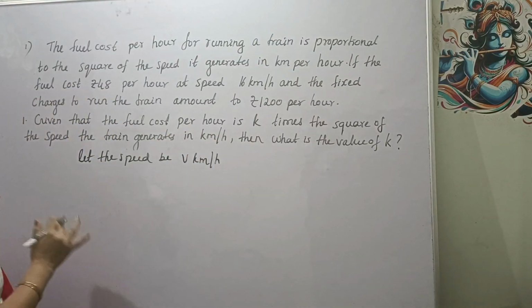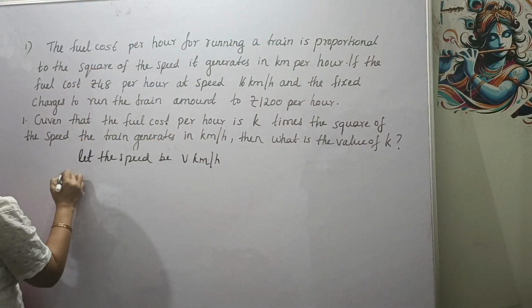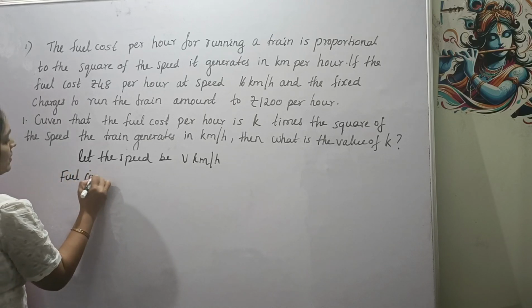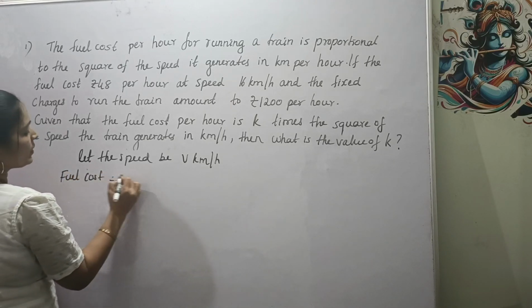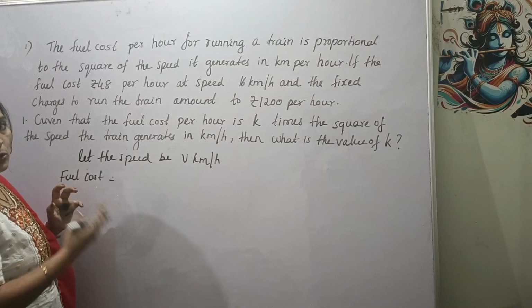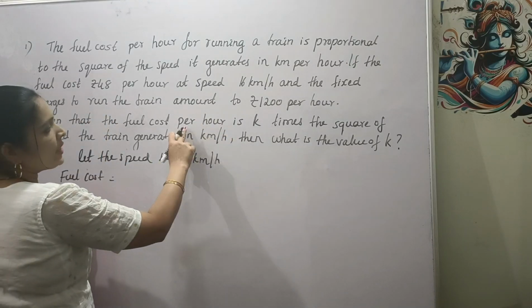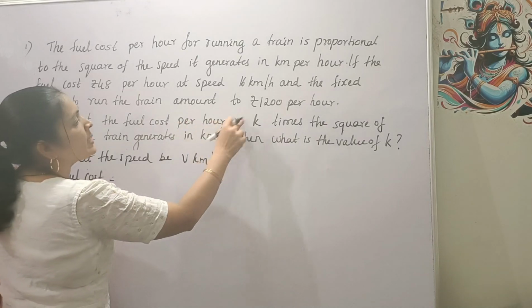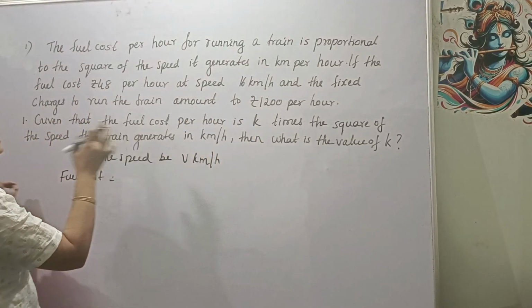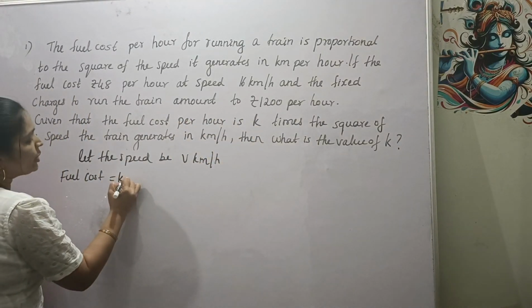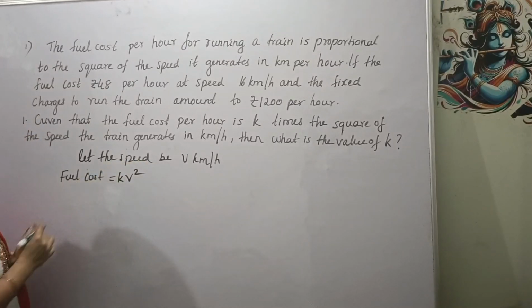Then the fuel cost is k times the square of the speed, so k into v square.